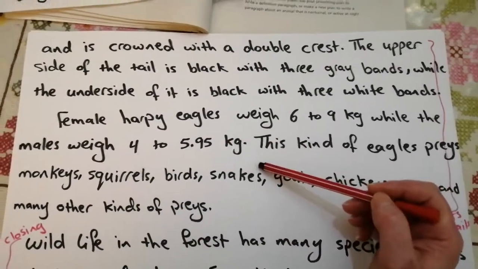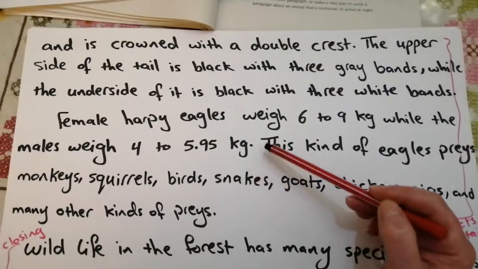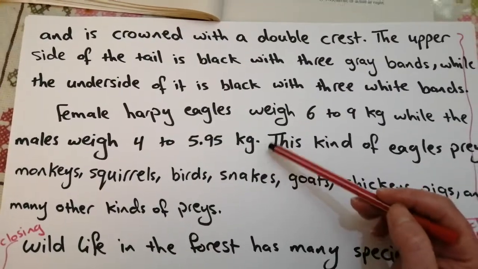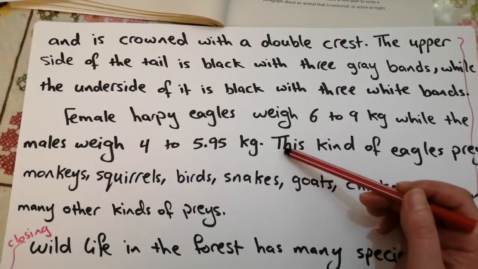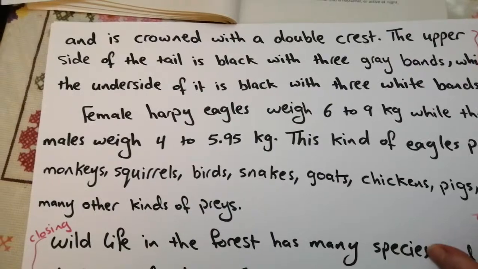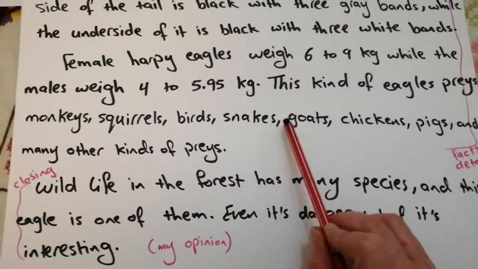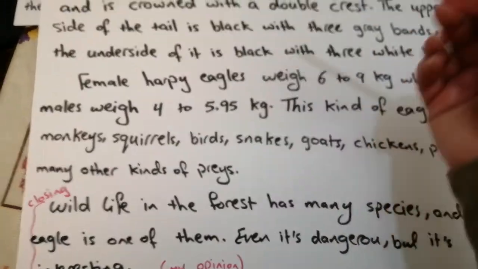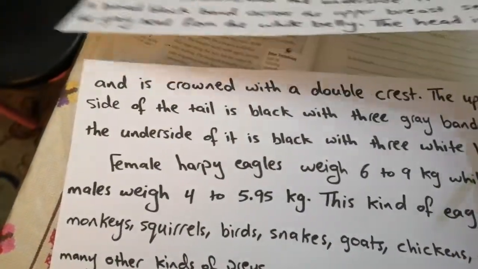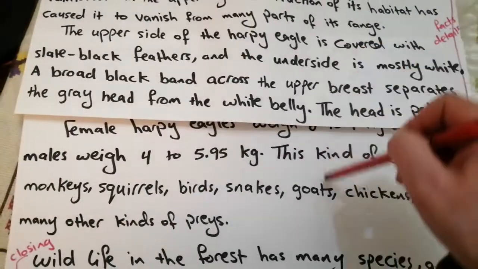So here I wrote about its weight and what this kind of eagle preys on and catches in the forest. These are examples of the things that this kind of eagle eats. Okay. So again, in the body here, I wrote all the facts and details about this animal.